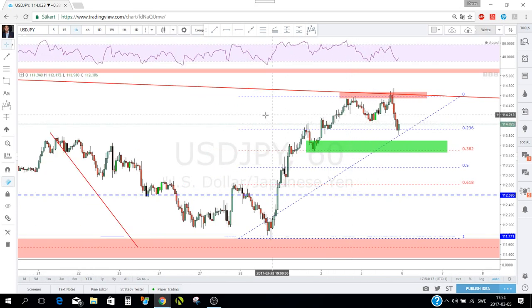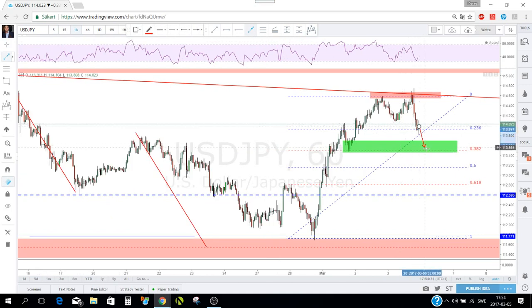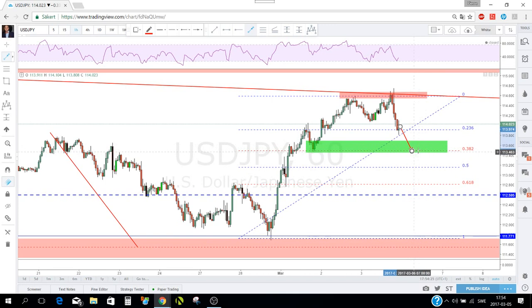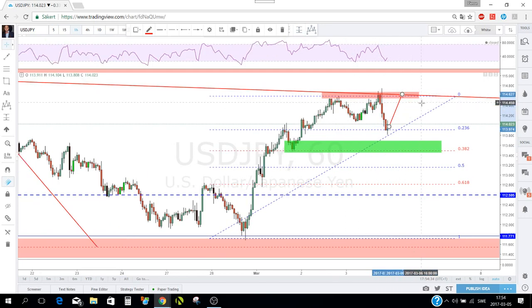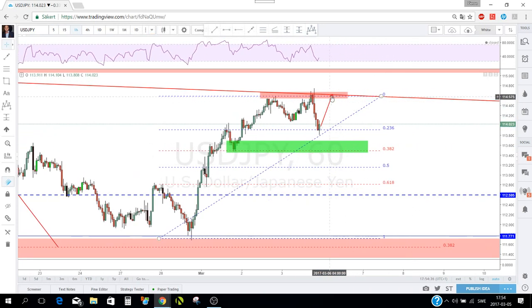So for a trend continuation, I will be looking at how price reacts at this level first. If it really does a retest back up here, then I will be looking at this level back up here for bearish evidence for another bounce to the downside.